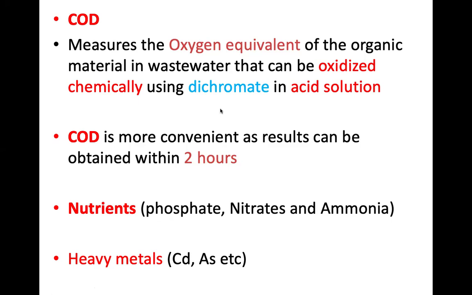Now, in addition to these chemical parameters, we can also determine chemically nutrients such as phosphates, nitrates, and ammonia. These can all be present in a given water body and can be determined to establish the extent of pollution. There is also the heavy metal part, which can be in the form of arsenic and cadmium, that must be detected.